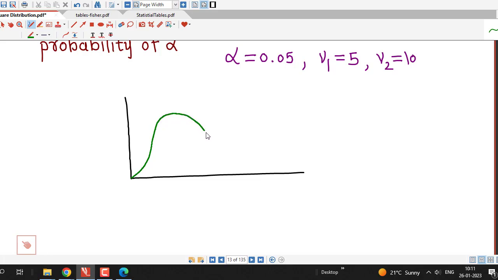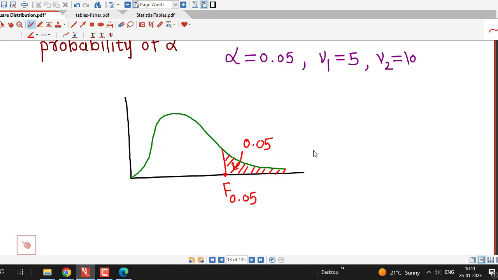It is asymmetrical, having a right tail, and because alpha is 0.05 and we are considering probability towards the right tail, this area is 0.05 and this critical value of F will be denoted by F suffix 0.05.